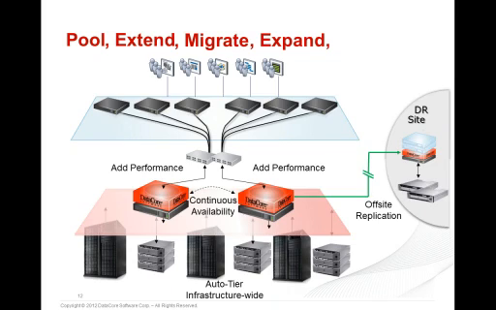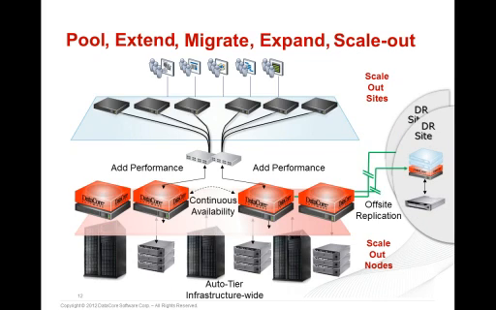We can add as much disk as we want, and we can scale out. So we could have up to 4 DataCore servers sitting within a server group, serving up disk to our servers. We can also scale out the number of sites that we have for disaster recovery.